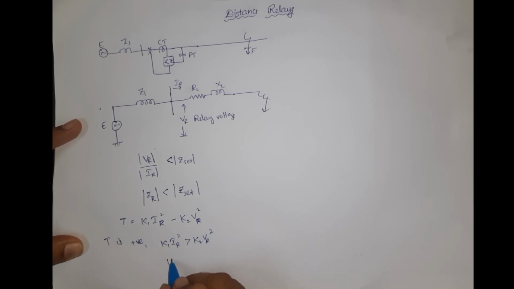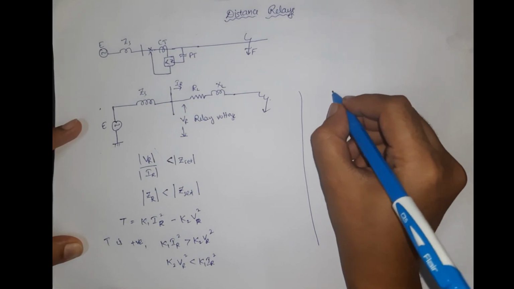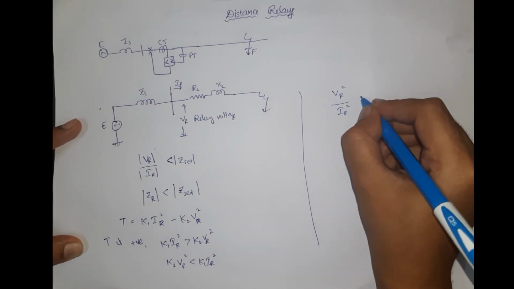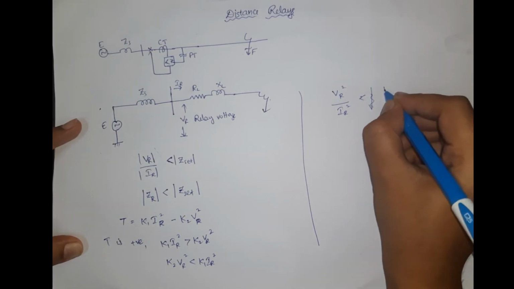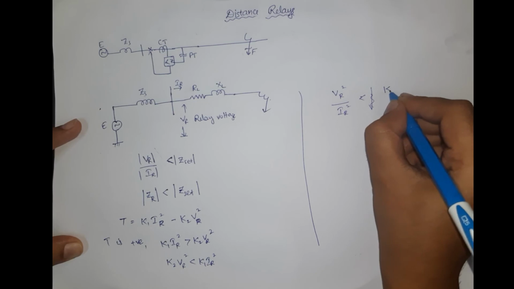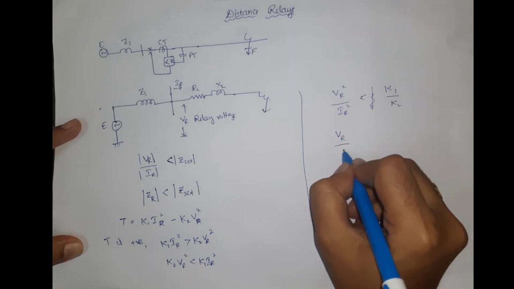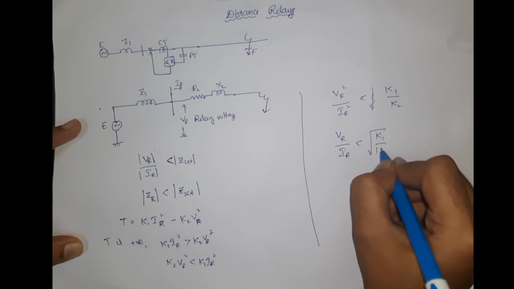So K2 VR square is less than K1 IR square, that means VR square by IR square must be less than K1 by K2, that is, VR by IR must be less than the square root of K1 by K2.